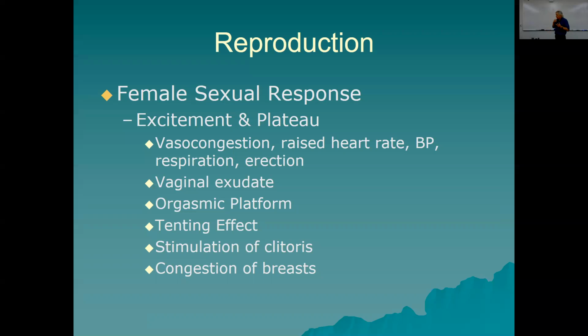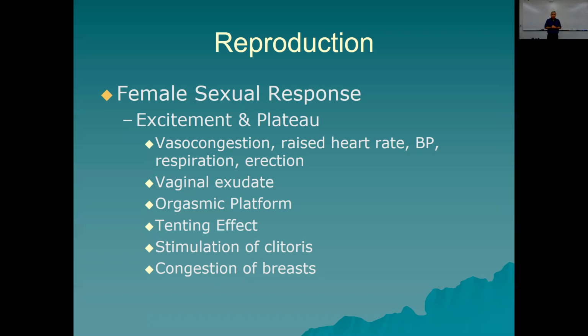Right at orgasm, there's what's called a tenting effect. The uterus is usually tipped over the top of the bladder. At climax, it raises up, so it's almost vertical, and this is called a tenting effect. The thrusting of the penis pulls the prepuce over the clitoris and stimulates the clitoris.